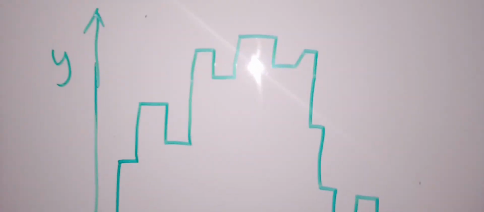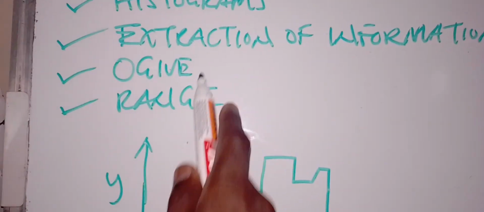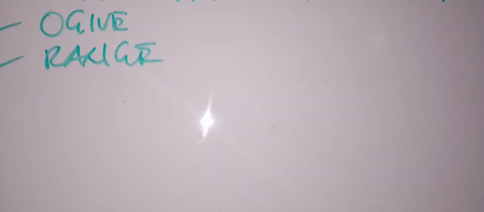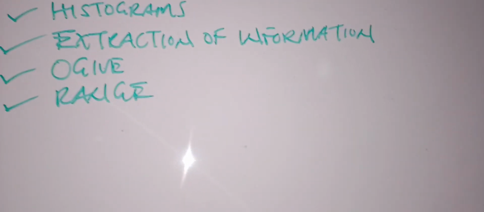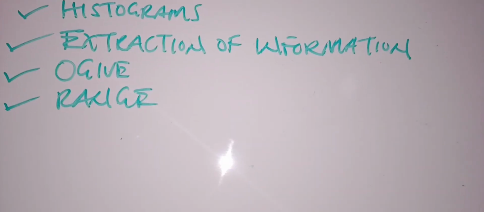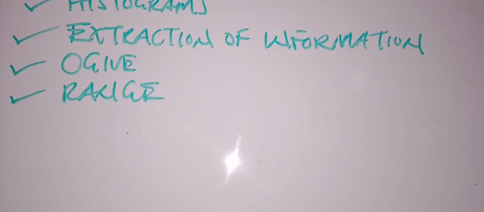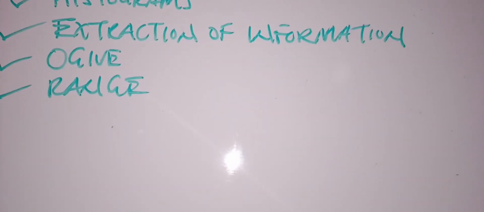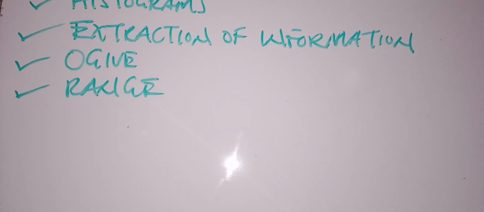And then we can talk about the ogive. An ogive is the line drawn from the graph. In simple terms, an ogive is a line graph representing a cumulative frequency distribution, showing how data accumulates over a range.